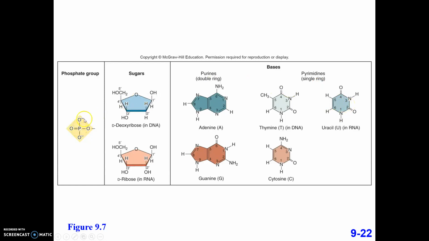So let's take a closer look at how these pieces fit together here. So the phosphate group is attached onto carbon number 5. When we form a chain, the other side of this phosphate is attached to carbon 3 of the preceding sugar.